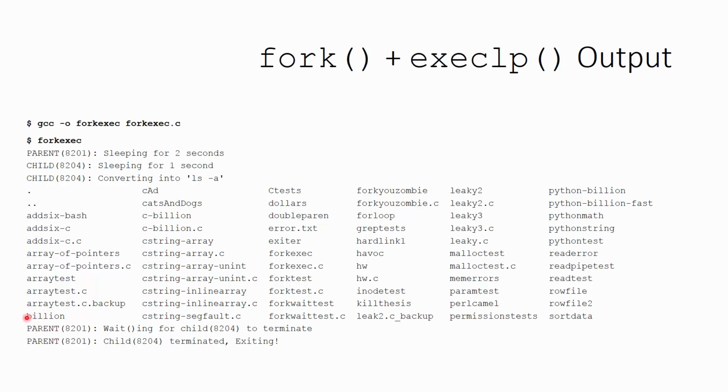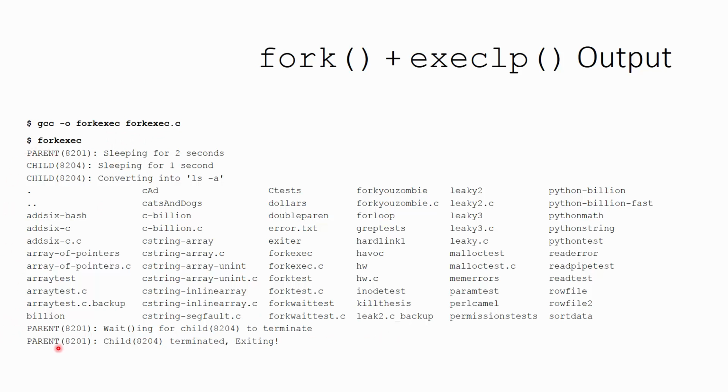It's gone. And at that point, the parent wakes up, and the parent says, well, this line actually could have been anywhere, right? This is waiting for child to terminate. Because we told the parent to sleep for 2 seconds, and the child for only 1 second, the child was going to do its stuff first before the parent returns. But if we had not slept the parent, then this waiting for child to terminate could have been placed right up here after the parent call.